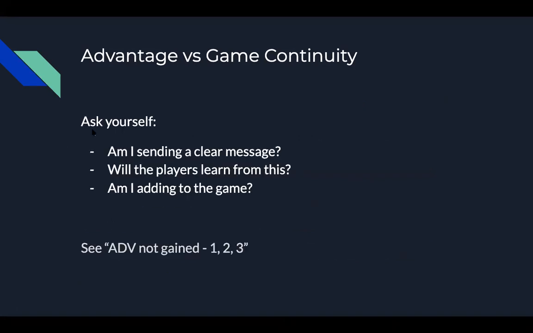So when you're approaching a penalty or a scrum, when you're approaching a situation where a team is infringed and you have the opportunity to play advantage, you kind of have to ask yourself, am I sending a clear message to these players?